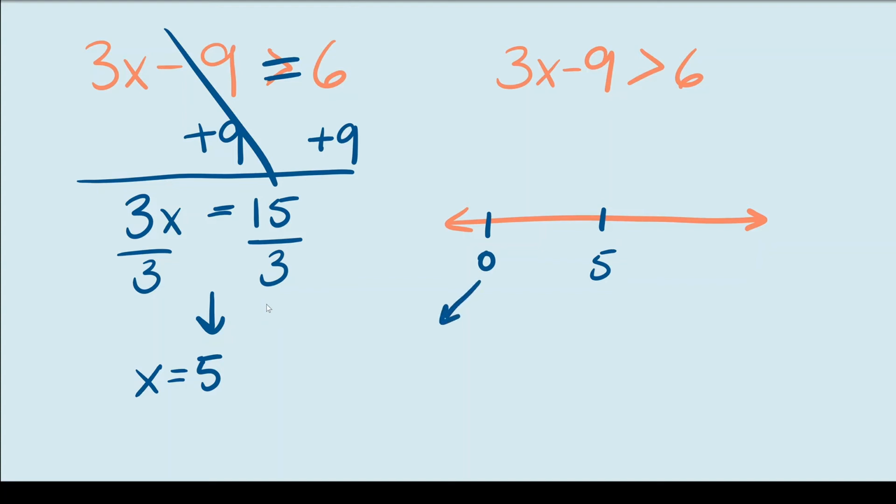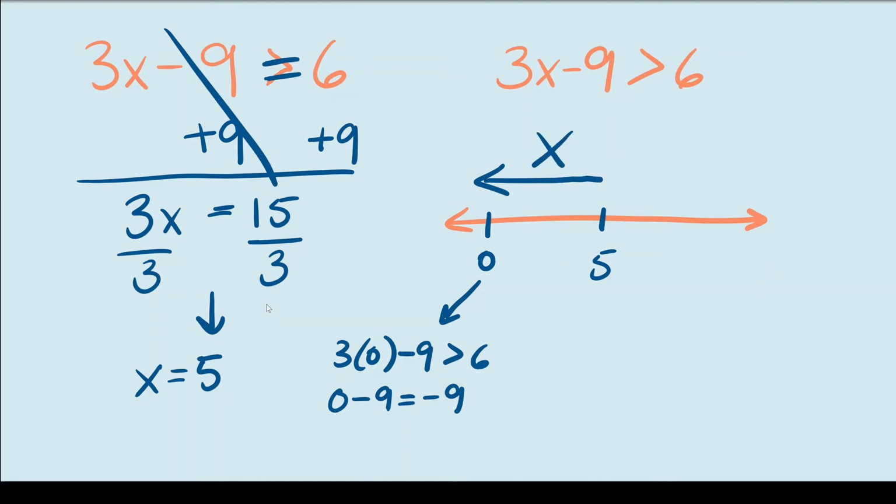So with 0, I have 3 times 0 minus 9 is greater than 6. Well, 3 times 0 is 0, minus 9 is equal to negative 9. And I know negative 9 is not greater than 6. So everything to the left of 5 does not work.